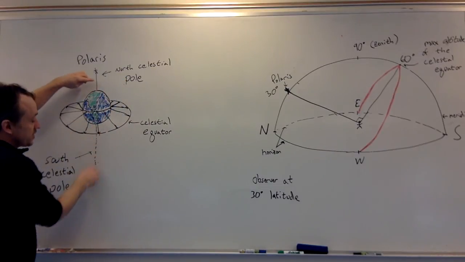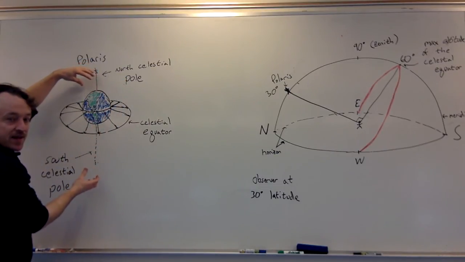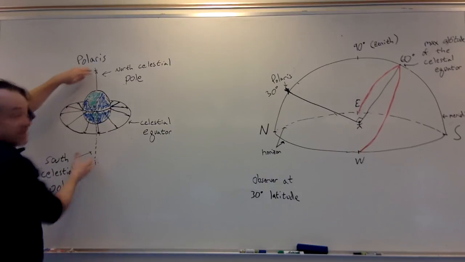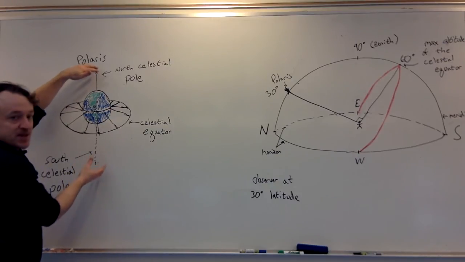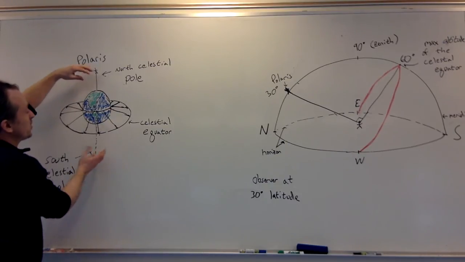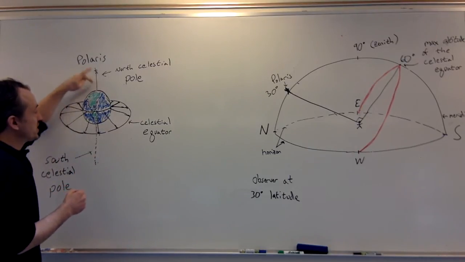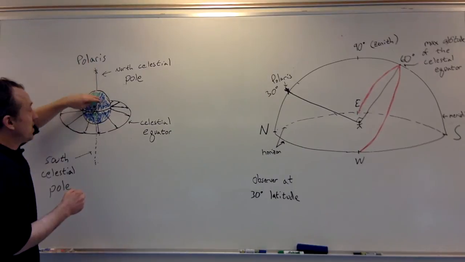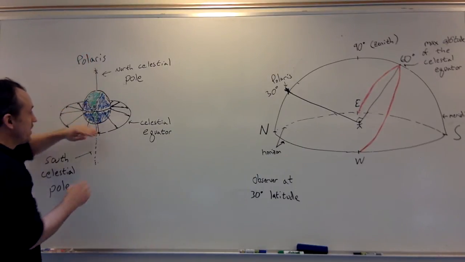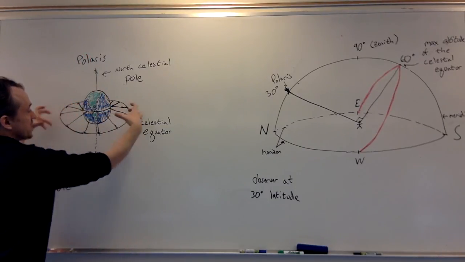The South Celestial Pole exists too, but we're not going to concentrate on that. I shouldn't say exist, because these are imaginary lines that we draw. These are two key definitions: the North Celestial Pole, which extends from the North Pole out into space until it hits the sphere, and the celestial equator, which extends out from the equator.